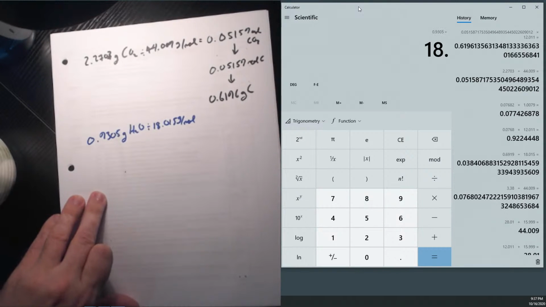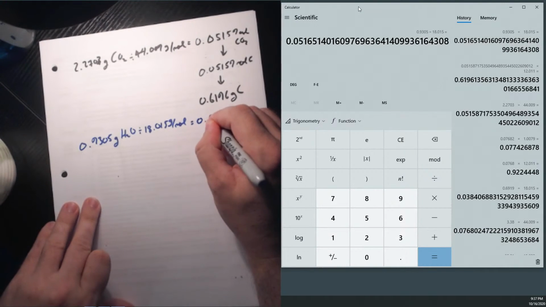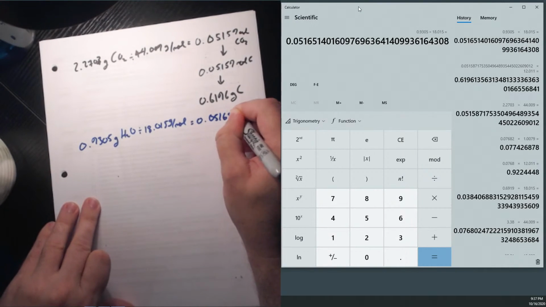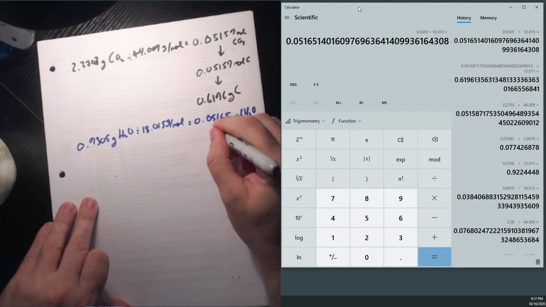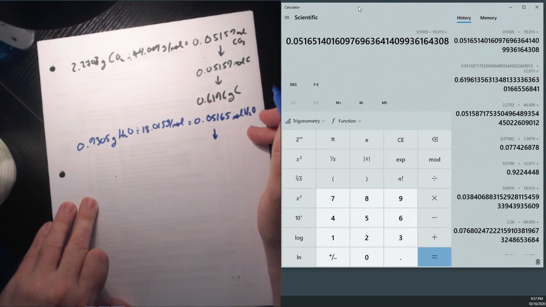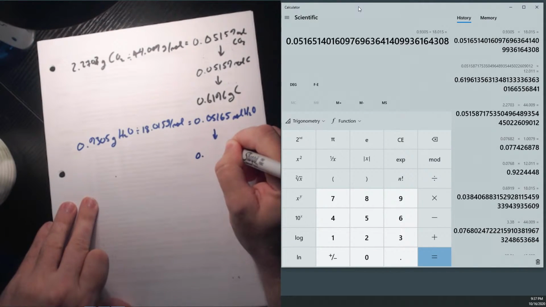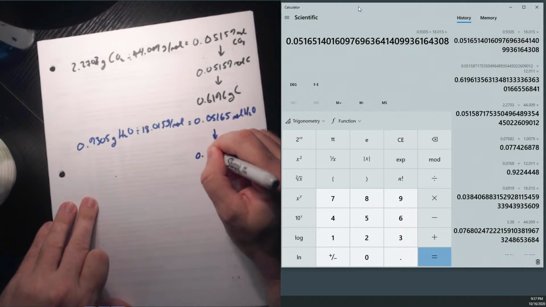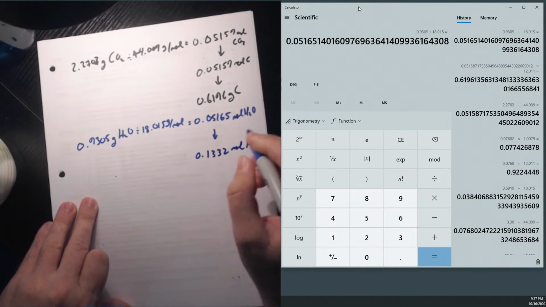0.9305 divided by 18.015. 0.05165 moles of water, which we have to double because there are 2 atoms of hydrogen in every molecule of water. So 0.1033 moles of hydrogen.